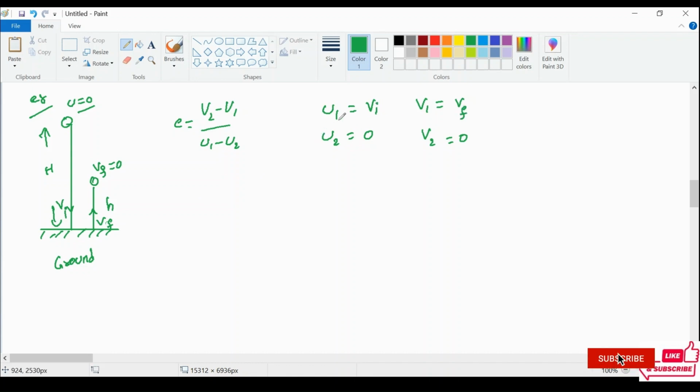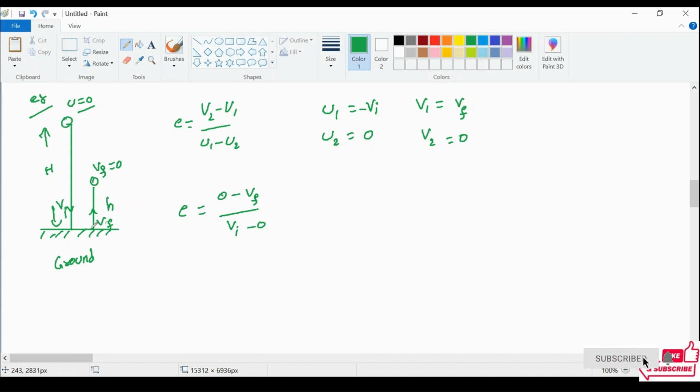Again I'm explaining. u1 means initial velocity of the ball just before collision, v initial. v1 is the final velocity of the ball just after collision, v final. And u2, v2 are for the earth. It won't move, 0. So just substitute here. E is equal to (0 minus v final) by (v initial minus 0), and apply sign convention.